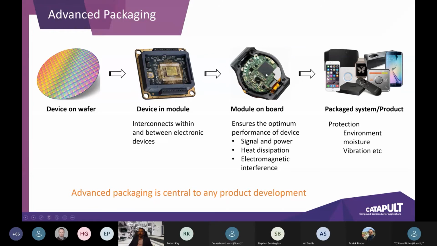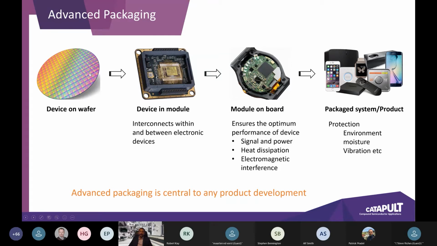These are called the electronic packages. If you further zoom into the black box, you could see a small rectangular piece of material, which is connected using some wire bonds and other solders. So this is what we are talking about, a device on wafer.